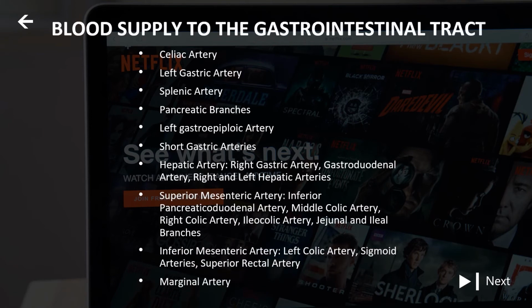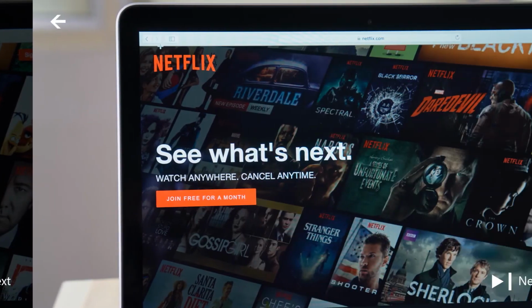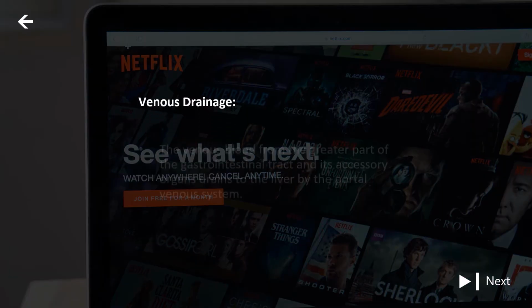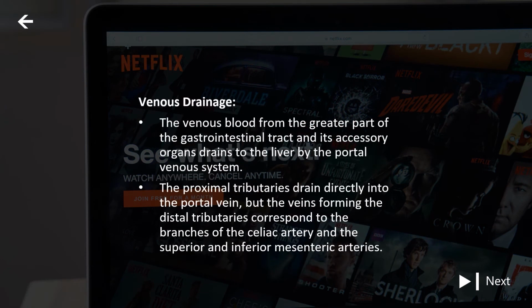So here's the blood supply to the gastrointestinal tract. Here's the venous drainage and nerve supply of the descending colon.